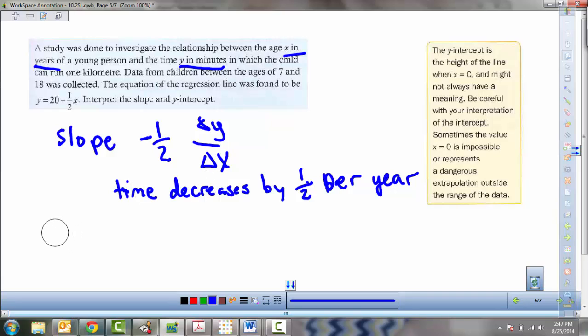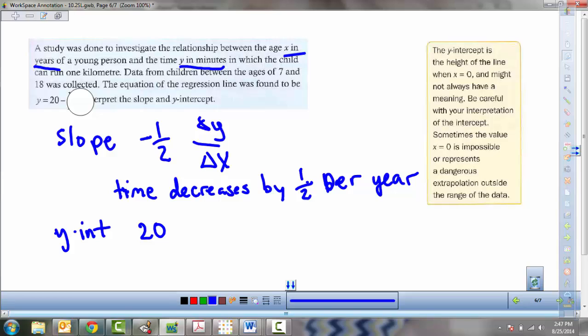What does the 20 mean? That's the y-intercept. That would be the time it takes for a child who is 0 years old. That's what the y-intercept is. That's the value for y when the input is 0.